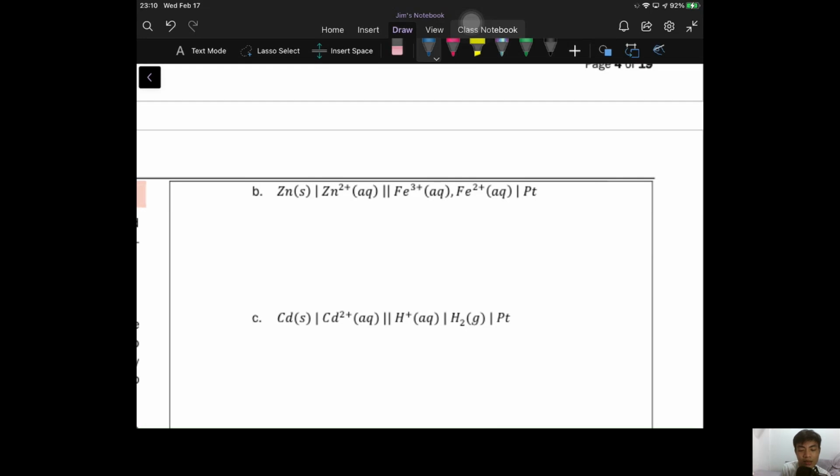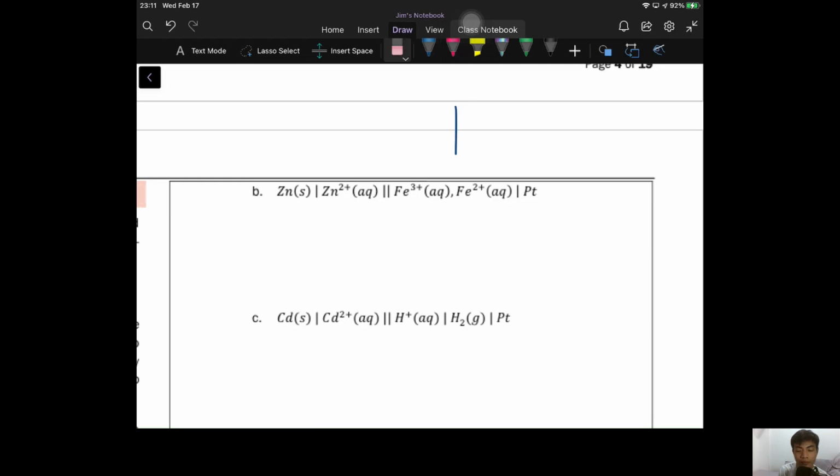Okay, ganito kasi. Yung single line, ginagamit yan to separate phases, no? Kunwari, solid and aqueous, no? Or solid or ion, single line gamit natin. O kunwari, ion and gas, single line din gamit natin. Pero, kapag yan ay, kunwari, aqueous, no? Ion pati ion, yung magkatabi, comma yung gamit.